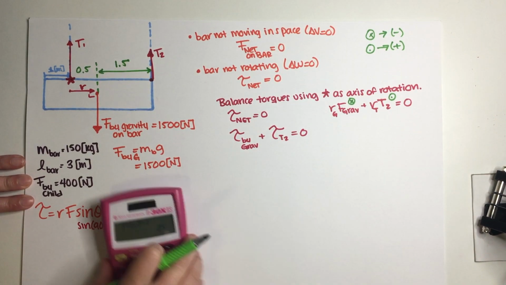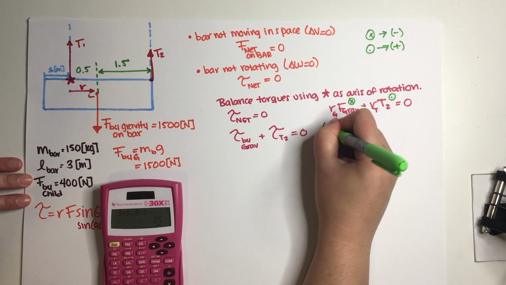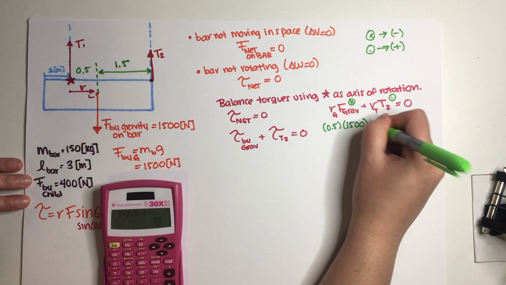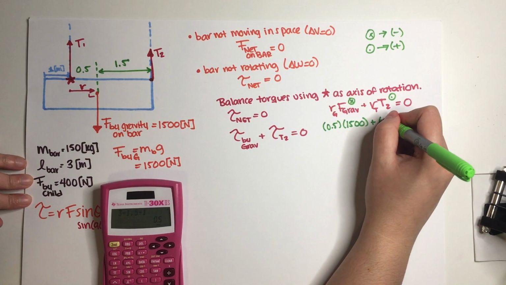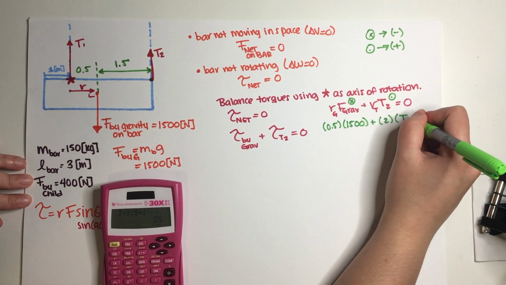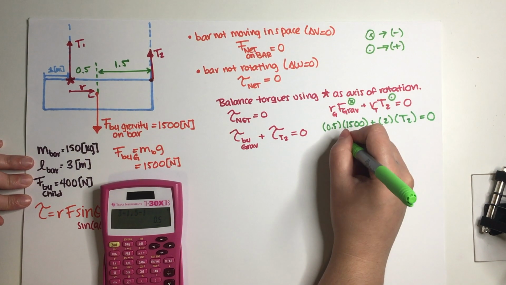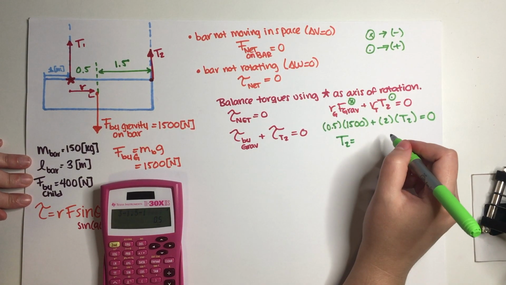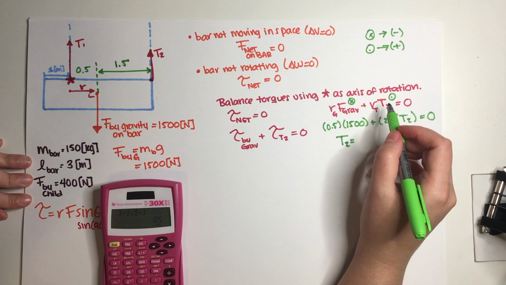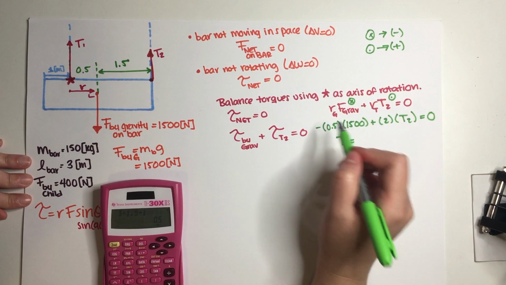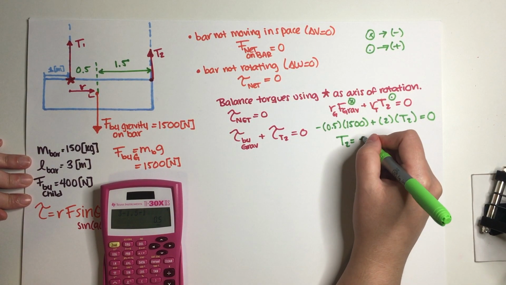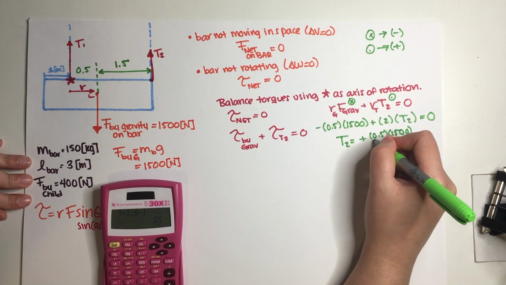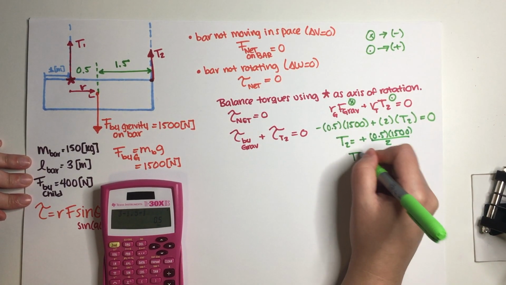So let's see. I'm just going to go ahead and substitute the numbers. So this is 0.5, this is 1500, this R is 2, and then this is the force that I don't really know. I have to figure that out. So the tension force T2 is equal to, so it's plus 0.5 times 1500 divided by 2.